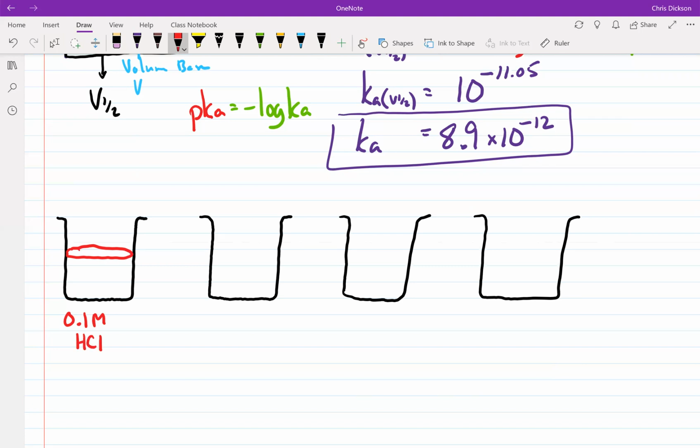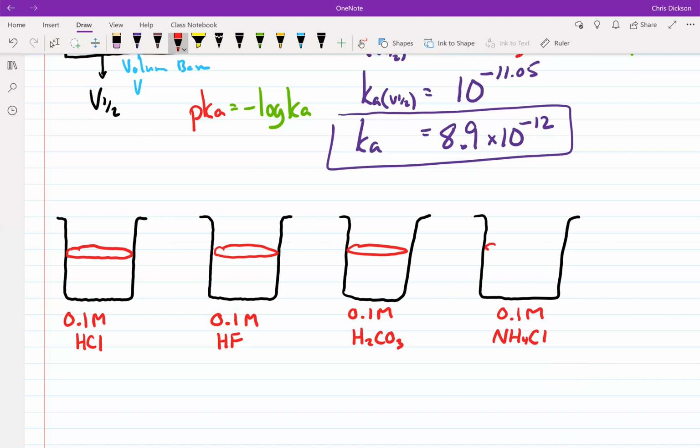Okay, so 0.1 molar HCl. And then you had another solution that was 0.1 molar HF. Another solution that was 0.1 molar H2CO3, and another solution that was 0.1 molar NH4Cl. There's 4 solutions here, okay?